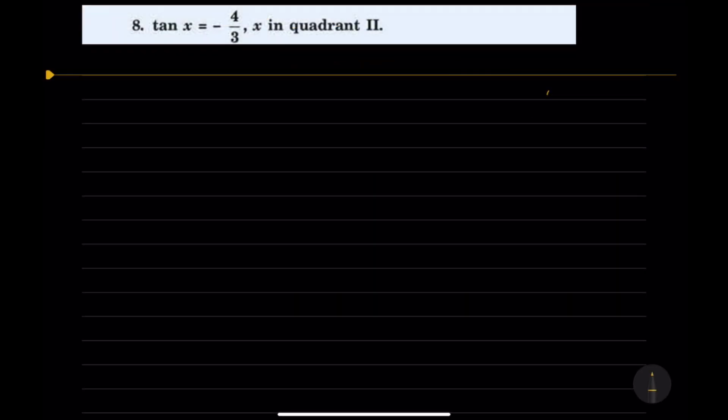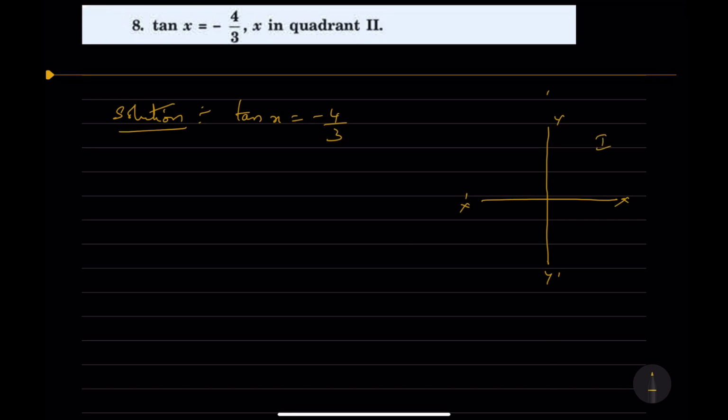Going into the 8th problem, tan x is equal to minus 4 by 3, x in second quadrant or quadrant 2. So here, solution part: you know that tan x is equal to minus 4 by 3 in the second quadrant. Here x dash, y dash, is the first quadrant, second quadrant, third quadrant and fourth quadrant, 0 to 90, 90 to 180.